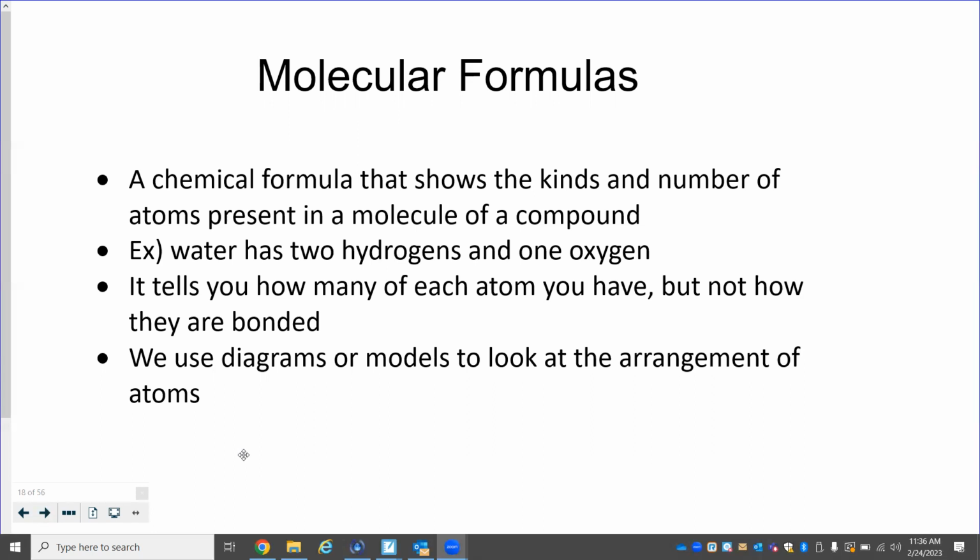That means it has 2 hydrogens and 1 oxygen always. So this tells you how many of each atom you have, but it doesn't tell you how they bond together. It doesn't tell you, do the 2 hydrogens attach to each other, or do the 2 hydrogens attach to the oxygen? So that's where we use diagrams or dot structures to look at the arrangement of atoms, to look at how these bond together.